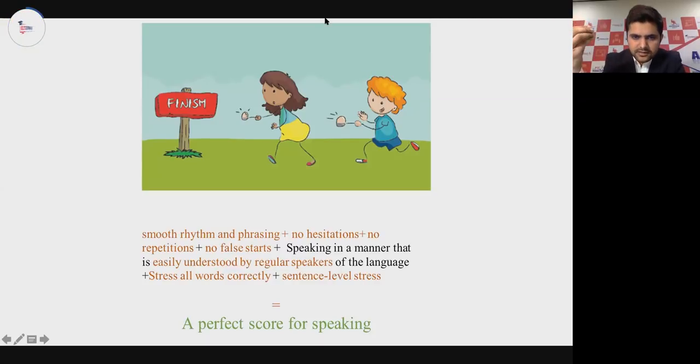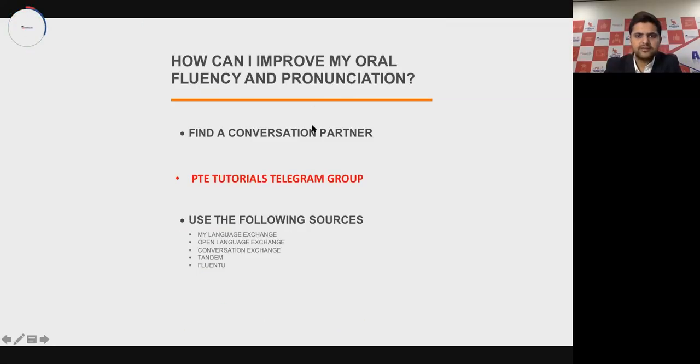So to maintain the accuracy, to balance the fluency and pronunciation, you need practice, and at the same time, you need to use certain resources that would help you to improve your fluency and pronunciation. So the first or the basic thing that you need to do to improve your fluency and pronunciation is to regularly practice speaking.